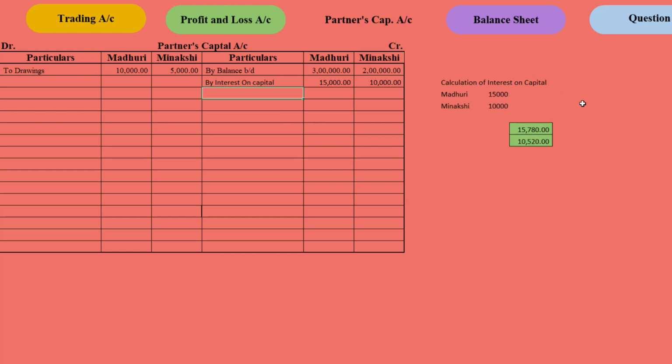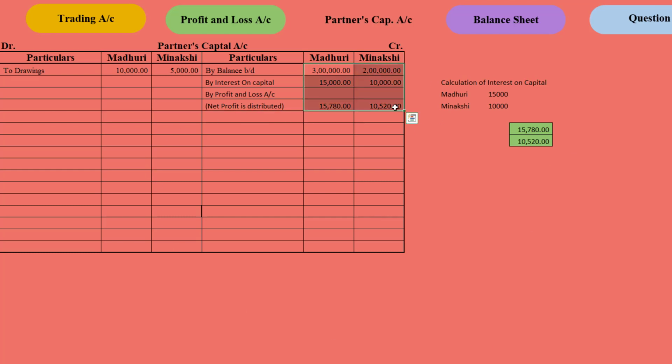Credit side, by profit and loss account. Here you write net profit is distributed, 15,780 and here 10,520. Correct? Correct. Now close this account.